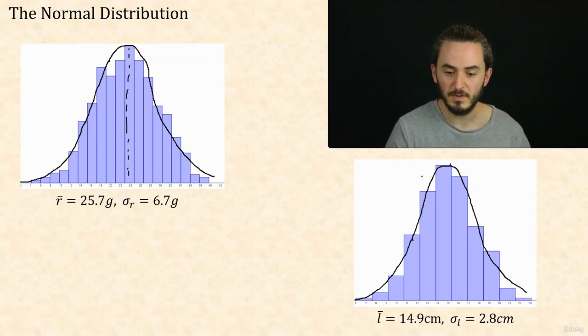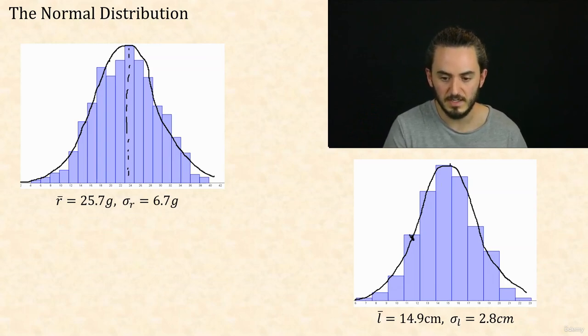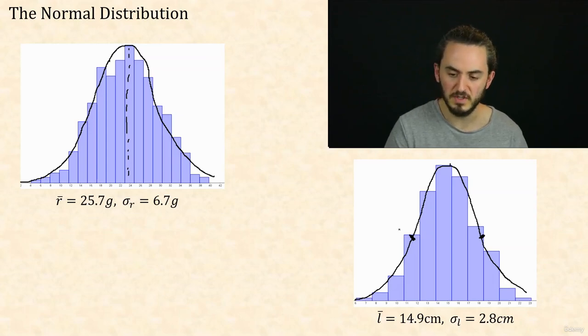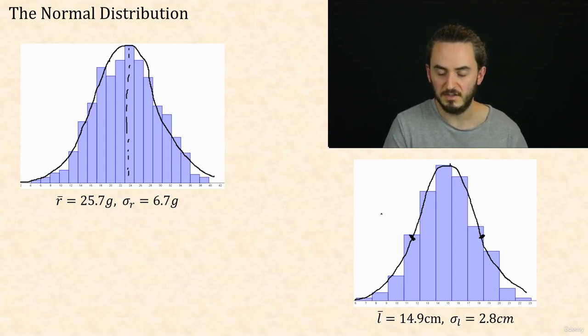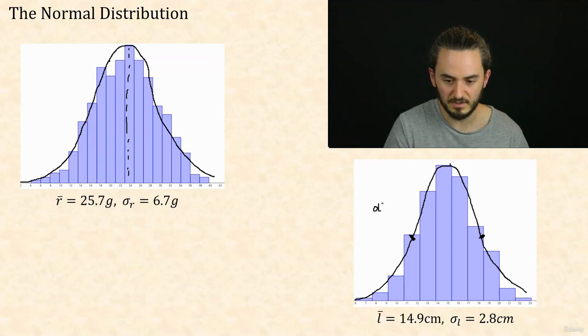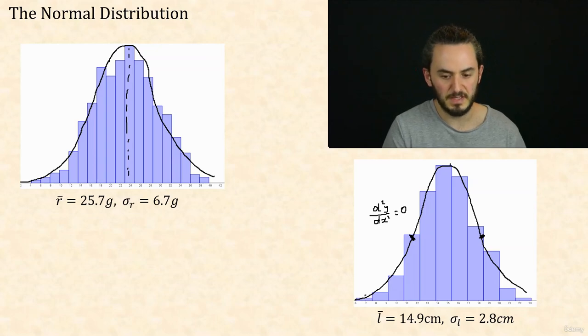And it peaks at the mean in the middle. Some other cool properties is that there's actually a point of inflection here and here on a normal distribution. A point of inflection is where the second derivative d²y/dx² equals 0, where it changes from steadily getting steeper to steadily getting less steep.